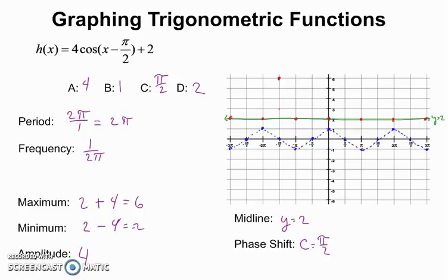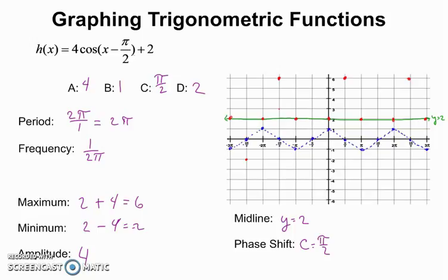So we go to the right once, and we go up to the midline, and we go up 1, 2, 3, 4. You'll notice the maximums are at 6, like we found earlier. And one more of those to the right one, and go up from midline 1, 2, 3, 4. And I do the same thing with the minimums, but we go down. So to the right one, come to the midline, and I go down 1, 2, 3, 4.